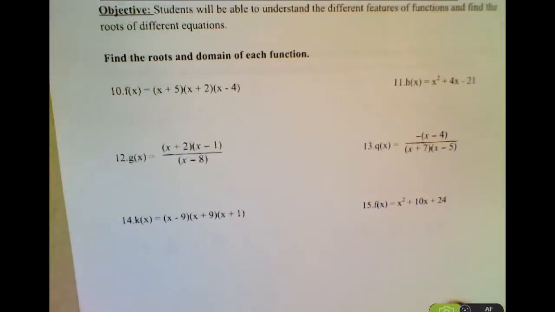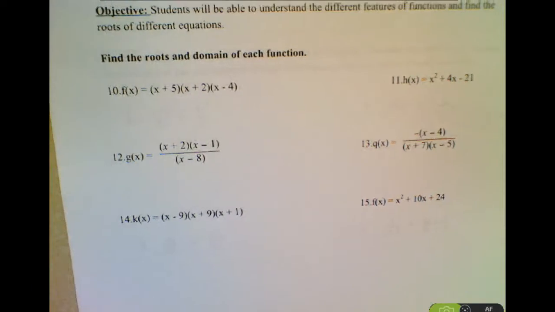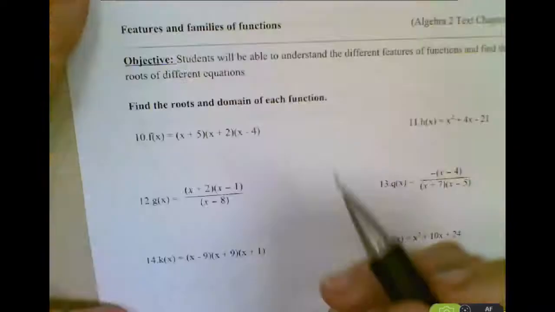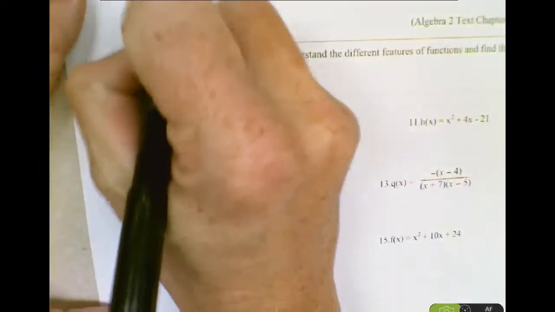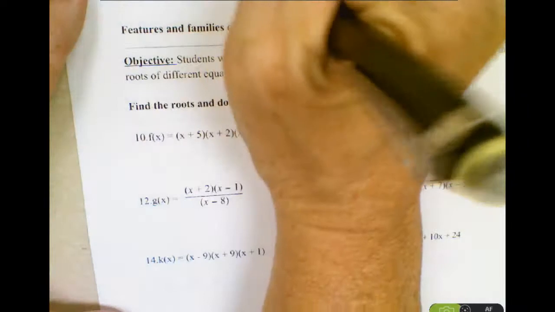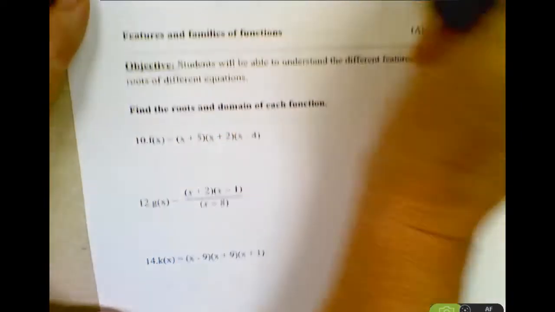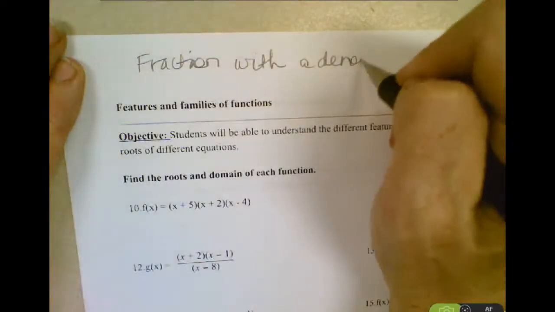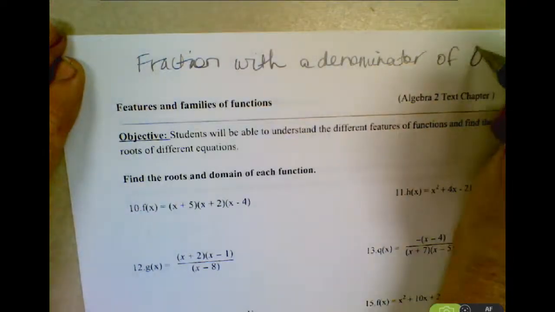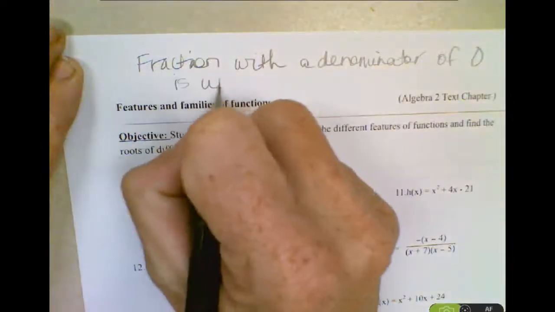So we need to talk about how rational functions behave and where they work and where they don't. So remember that a fraction with a denominator of 0 is undefined.